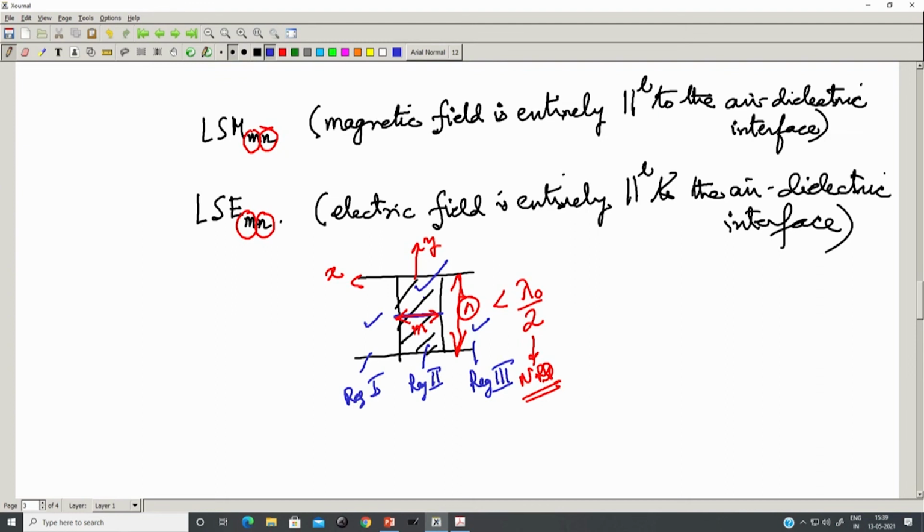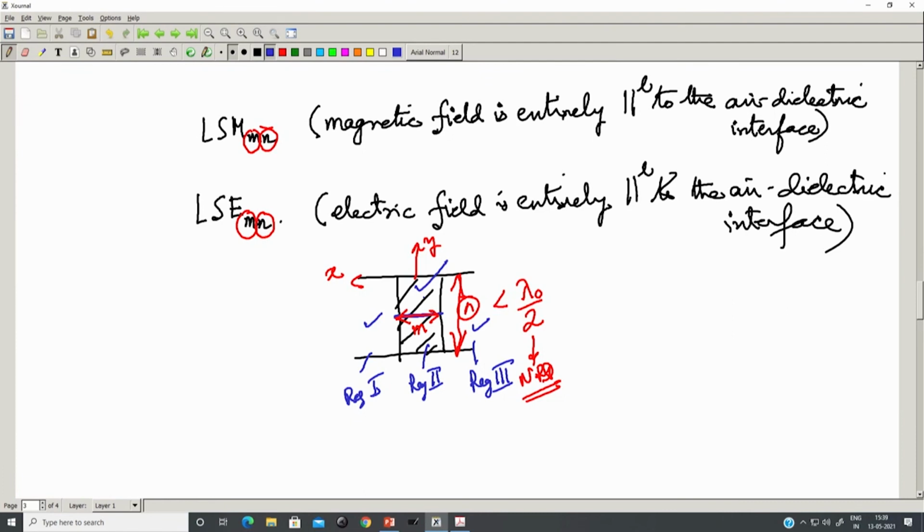Also, the electric field profile of the LSM-01 mode, which is commonly used as the principal waveguiding mode in most applications, is essentially parallel to the ground planes.